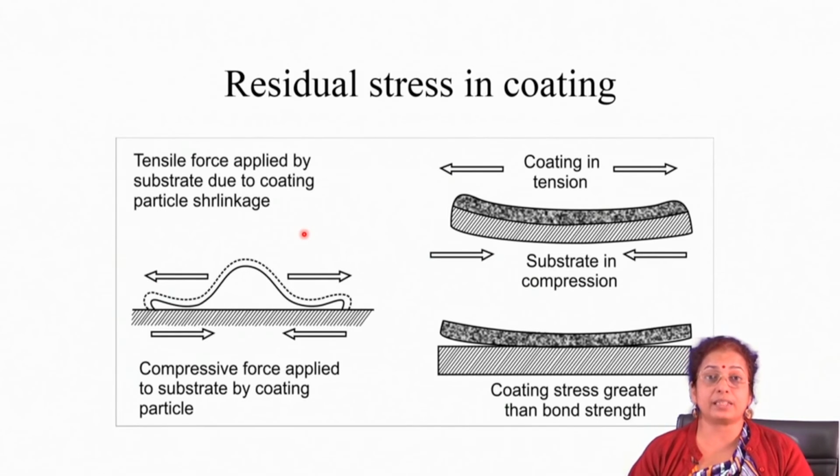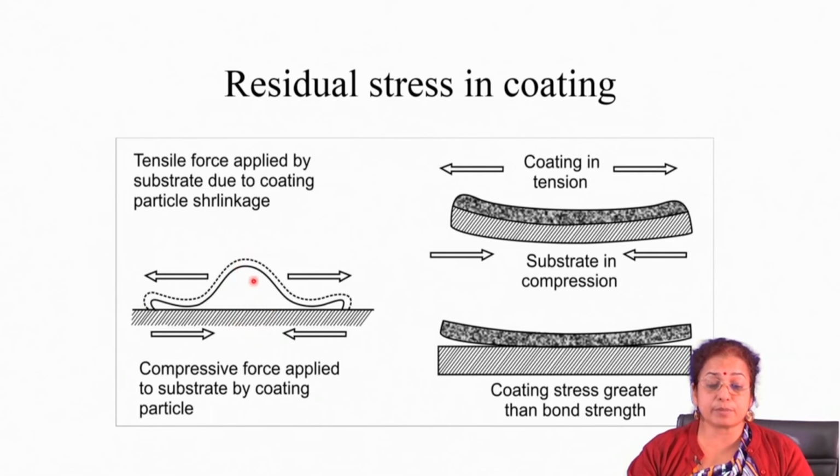Not only that, depending on the material you are using, there may be differential quenching rate, and also because of a large difference in coefficient of thermal expansion, the maximum stress is introduced at the interface between the coating and the substrate.